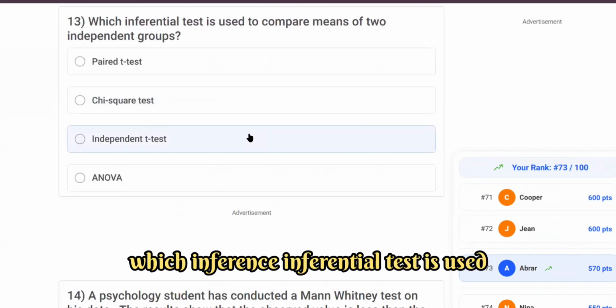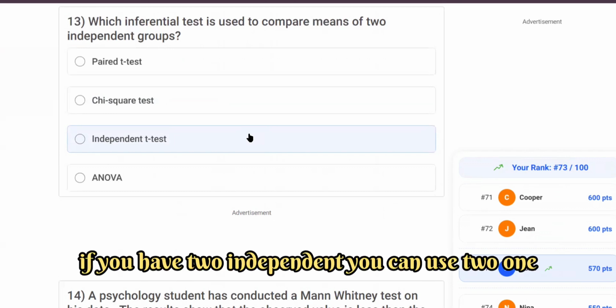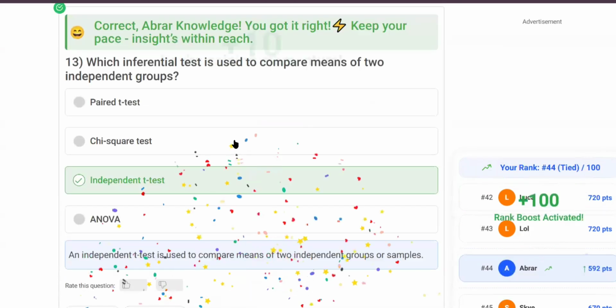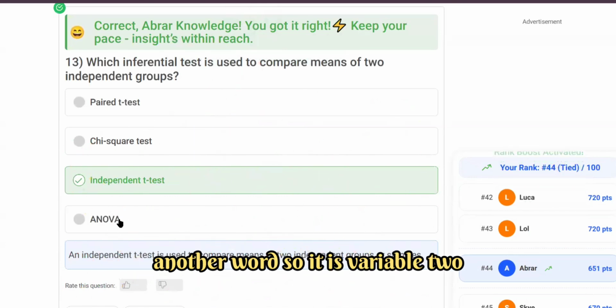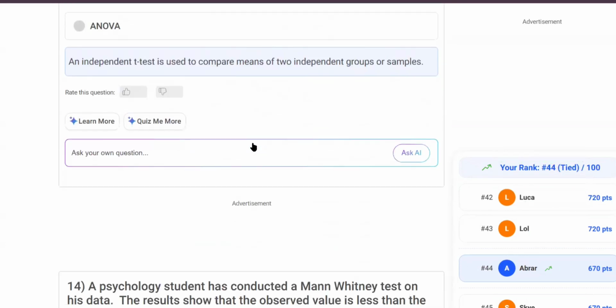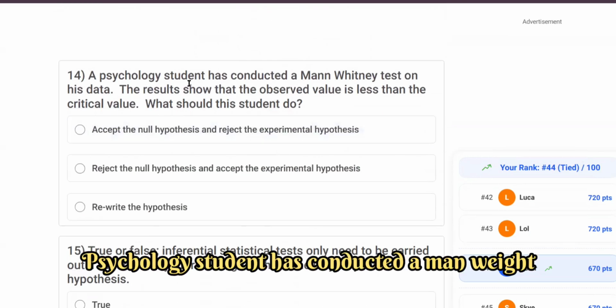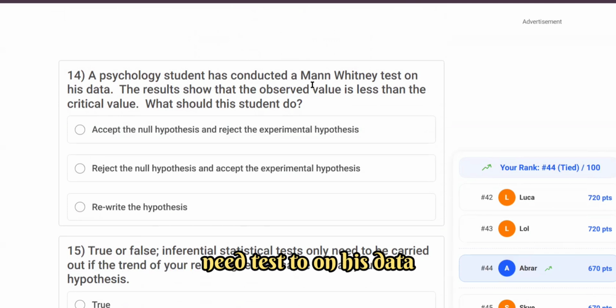Which inferential test is used to compare the means of two independent groups? If you have two independent groups, you can use a t-test. But in a business context, we can also use ANOVA. It is for variables, two or more, you can use ANOVA. A psychology student has conducted a Mann-Whitney test on his data.